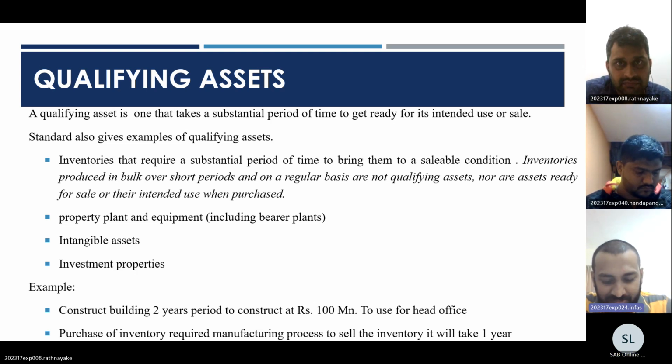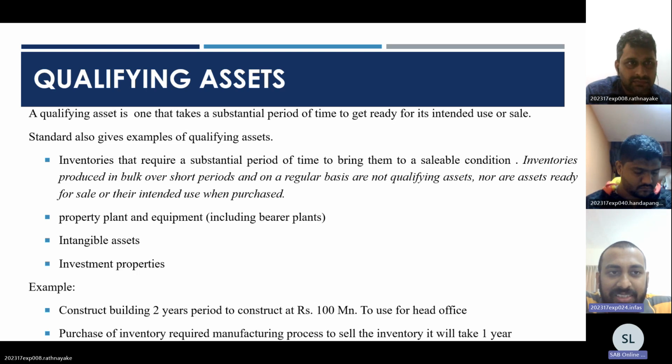Good morning, everyone. As my colleague explained, LKS 23 explains two categories of asset.